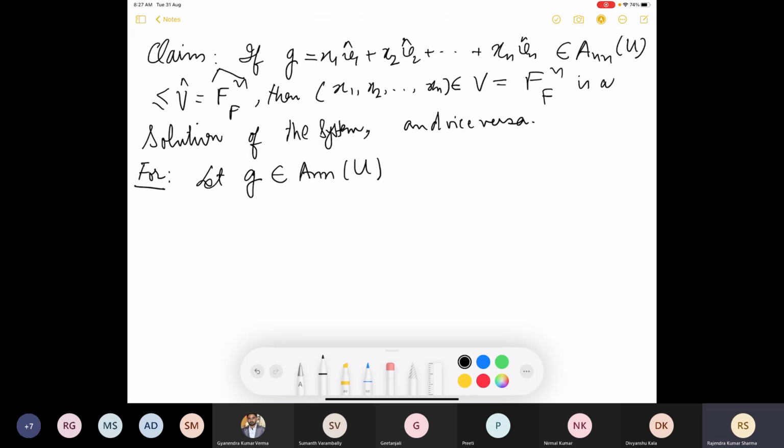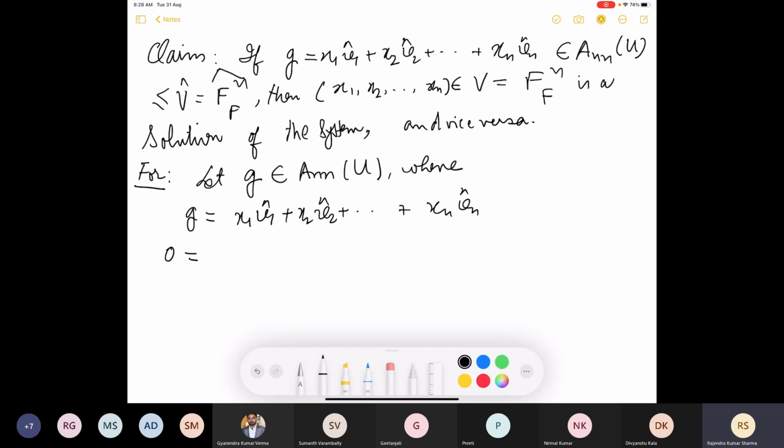Now G is x1 v1 hat plus x2 v2 hat and so on plus xn vn hat. Now, if this is in the annihilator, it annihilates every element of U. That means this is 0.